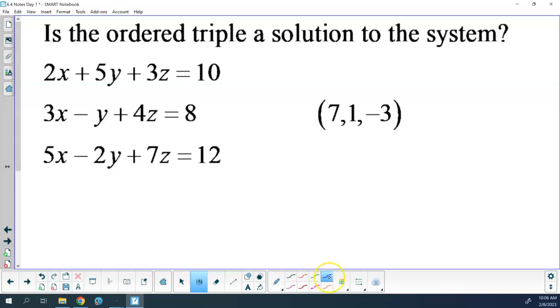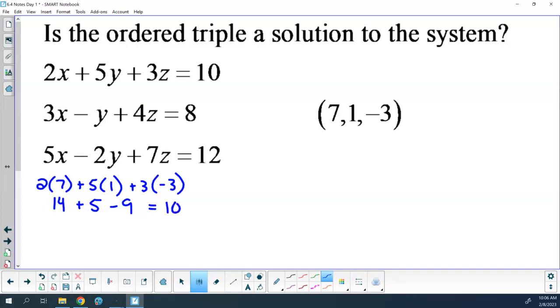So in the very first one, we would have 2 times 7 plus 5 times negative 1 plus 3 times negative 3. 2 times 7 is 14. 5 times negative 1 is negative 5. 3 times negative 3 is negative 9. 14 minus 5 is 9. Minus 9 is 0.